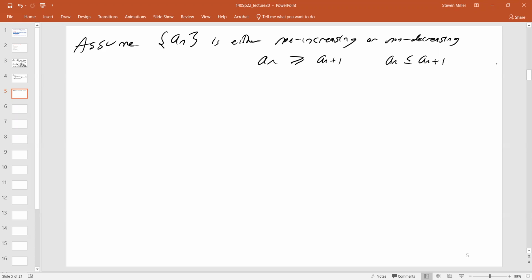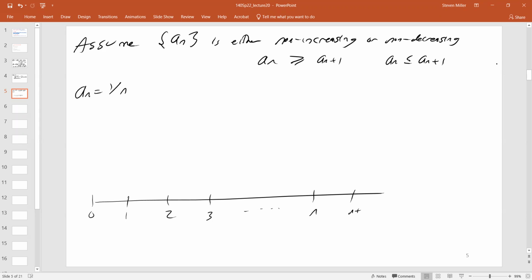So it turns out if you have a sequence of terms that's non-increasing or non-decreasing, we can often use calculus to find out whether or not it converges. And the idea is the following. Let's take a very nice one. Let's take a_n equals 1 over n. So here's 1, 2, 3, n plus 1.